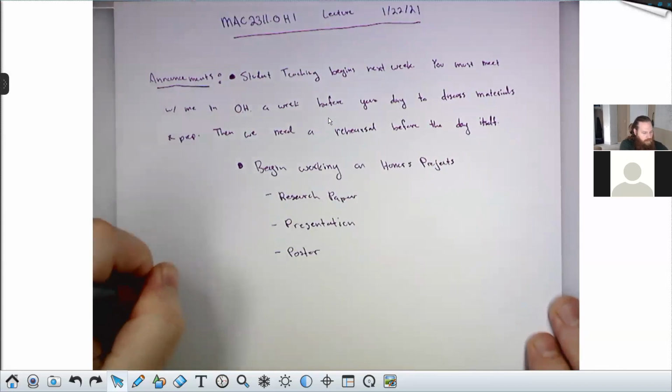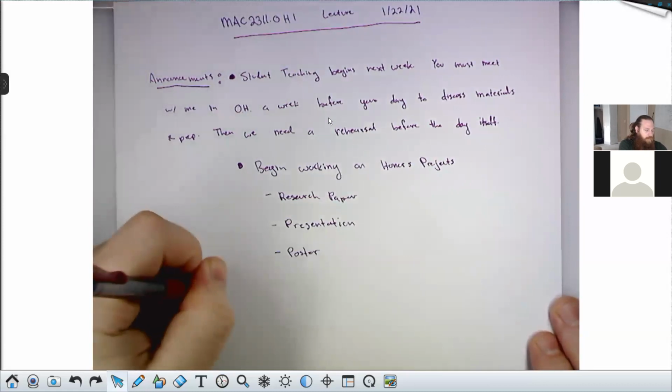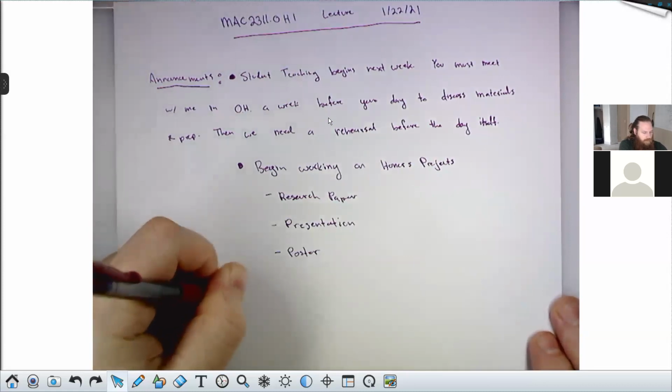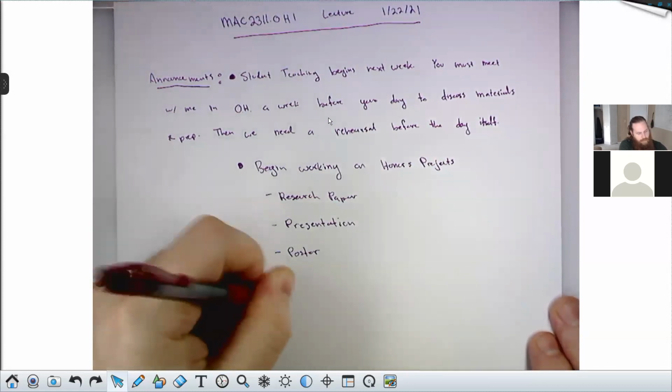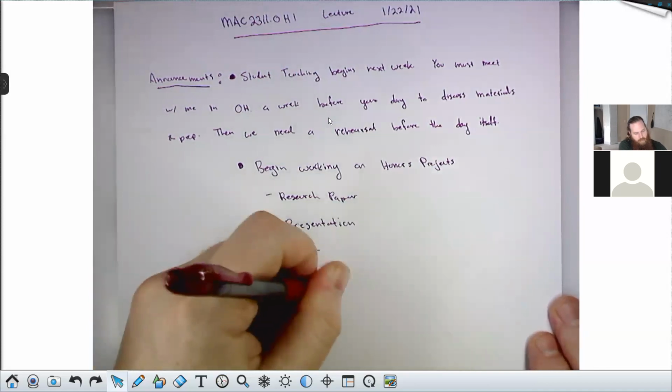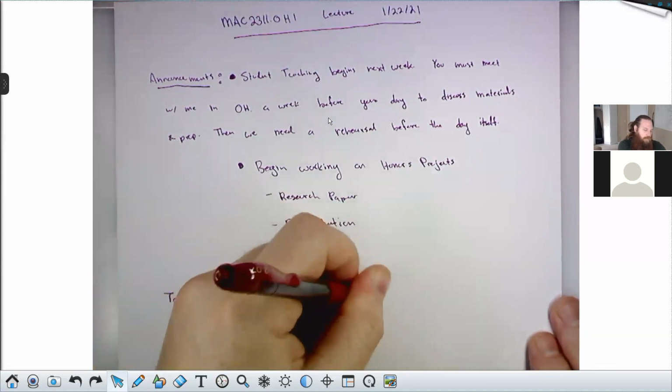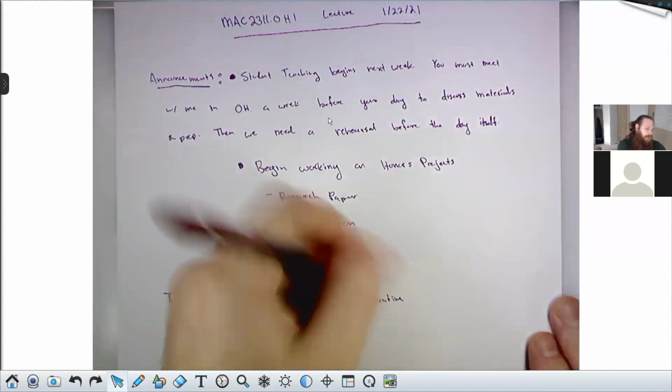Today in class, we're going to talk about section 2.8, which is on the derivative as a function.